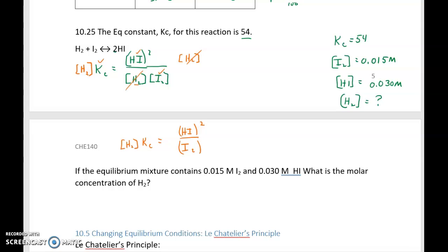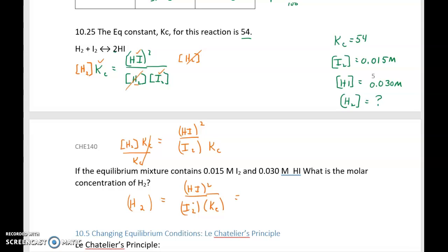Okay. Now I want to get rid of the equilibrium constant on this side, so I'm going to divide both sides by the equilibrium constant. And it cancels on this side. And so now we've got the hydrogen concentration is equal to the hydrogen iodide squared divided by the iodine divided by the equilibrium constant.